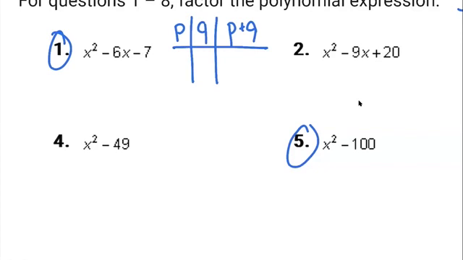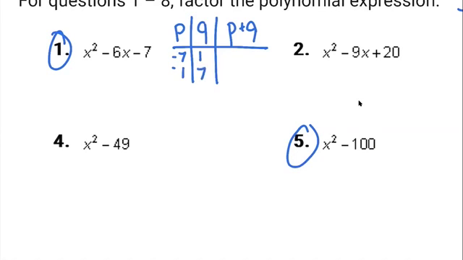So one of these definitely has to be negative. This one is kind of easy, hopefully, because there are only two things that can be multiplied together to give me negative 7: it's either negative 7 and positive 1, or negative 1 and positive 7.